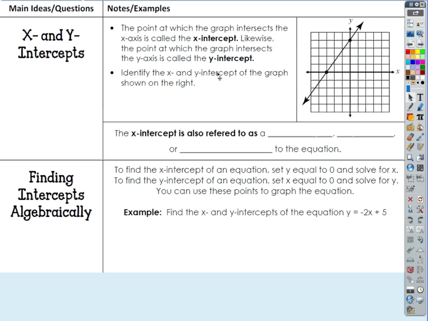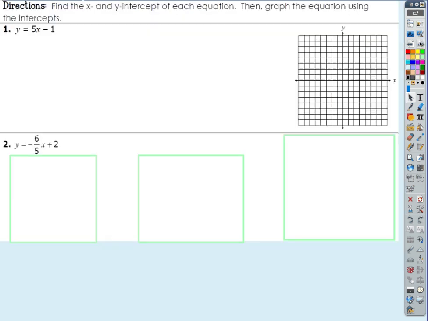So if I want to find an example, like right here, let's say, the x-intercept, then what would I do to this equation to find it? You told me it's where the y-coordinate is 0, right? Okay, so think about this algebraically then.